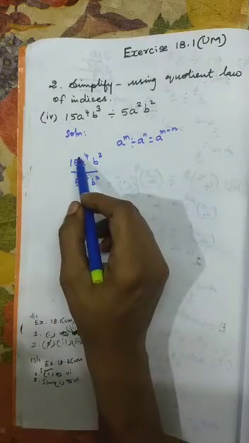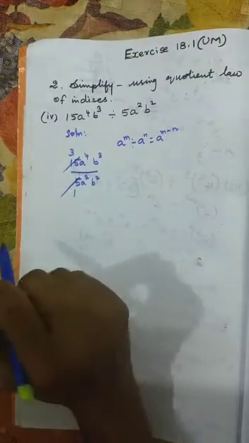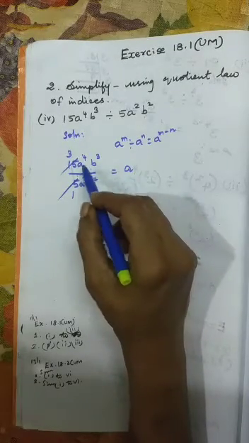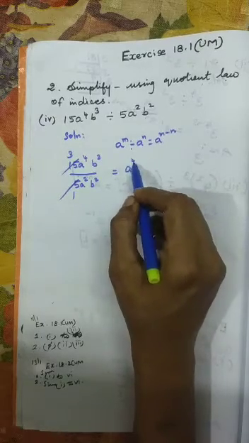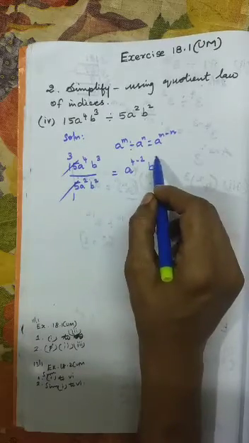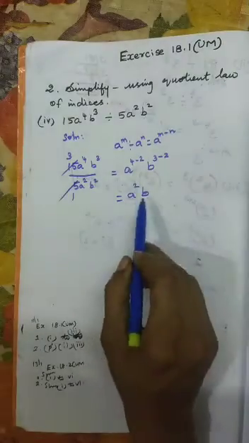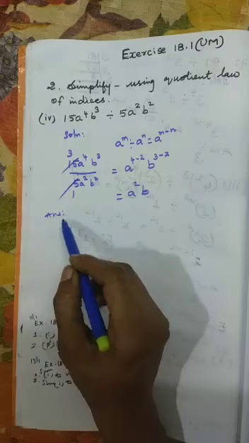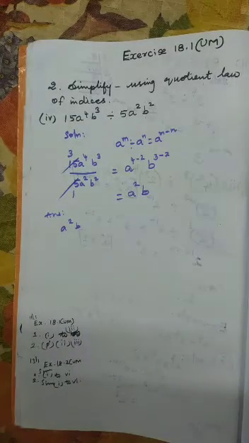Now we can cancel 5 and 15. 1 times here, 3 5s are 15. Then the quotient rule. Using the quotient rule, a power 4 by a square, 4 minus 2. Then b cube by b square, b power 3 minus 2 is equal to a square b is the answer. So answer is equal to a square b. B power 1 we have written as b.